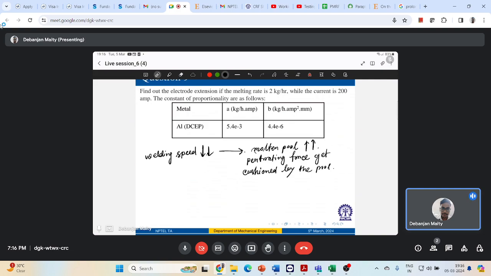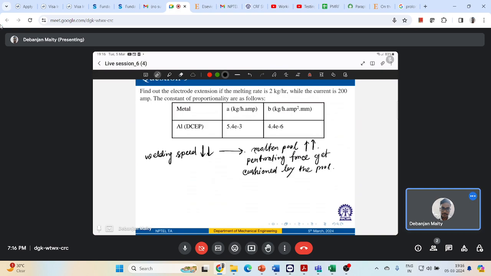Now, your electrode extension and electrode feed rate also affect your bead appearance. In most welding machines, the welding current adjusts itself with electrode feed speed to maintain the arc length in an automatic or semi-automatic welding machine. Electrode extension is the distance between the end of the contact tube and the end of the electrode.